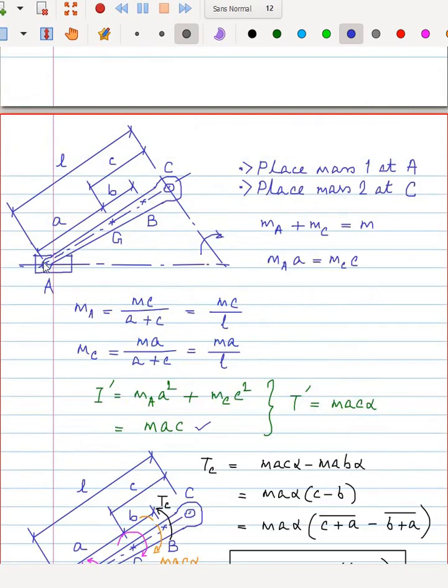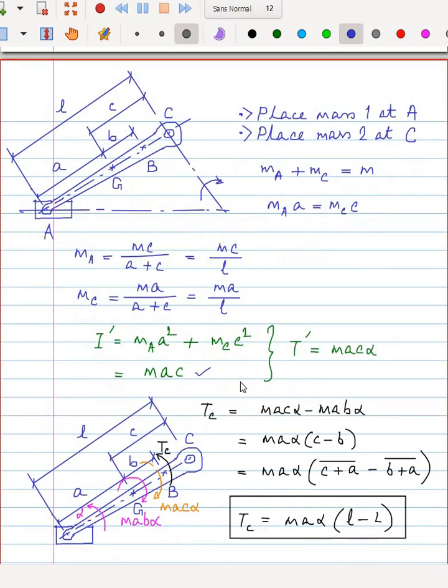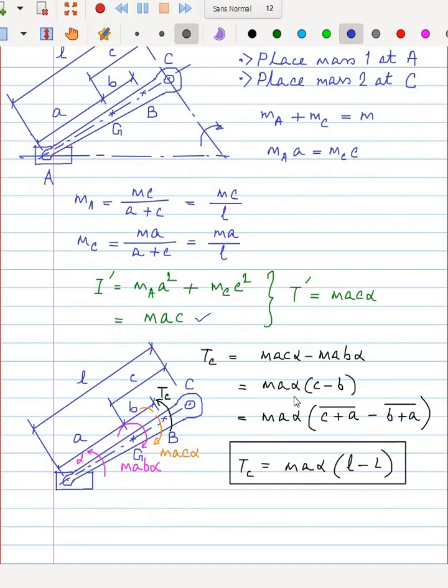So if you put one mass MA here, one mass MC here, and you preserve the location of the center of mass, then MA is this, MC is this, and you have to apply a correction torque TC, where TC is this small l minus capital L, where capital L is A plus B. That means that is actually the center of percussion.